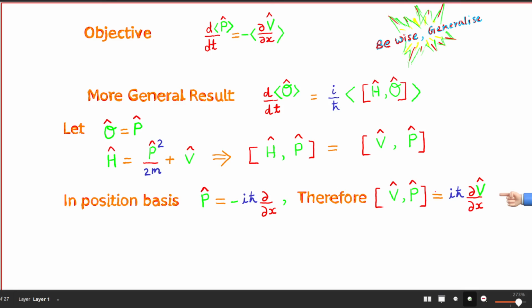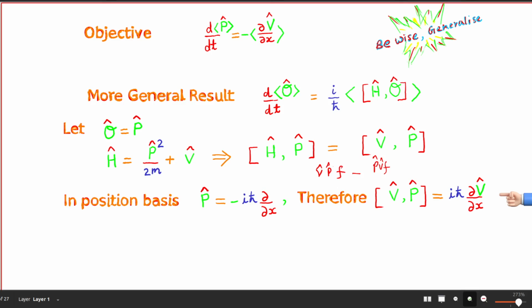This result is not difficult to show. The trick is to take any arbitrary function f and first act on this function with the product VP. So we are first taking its partial derivative with respect to x, and then we are multiplying with V. Then with the same function f, we act with PV.